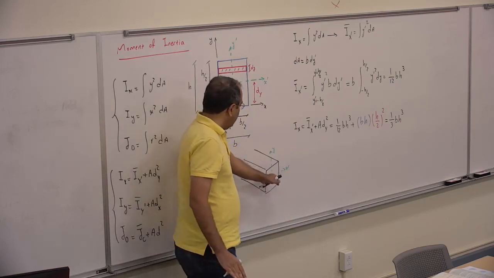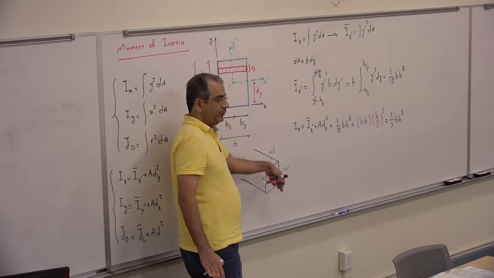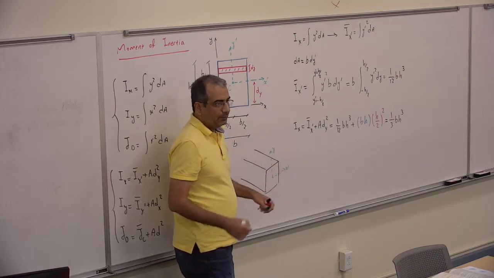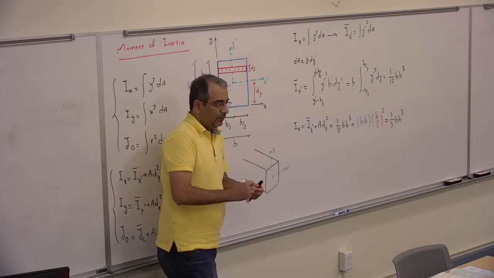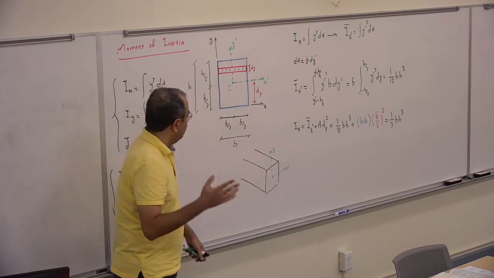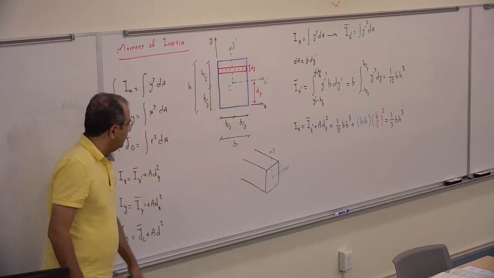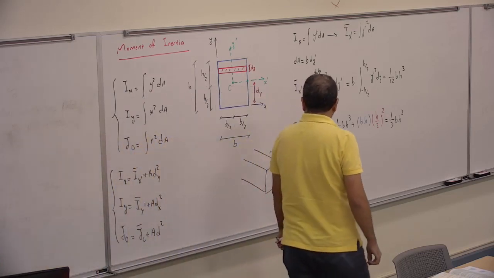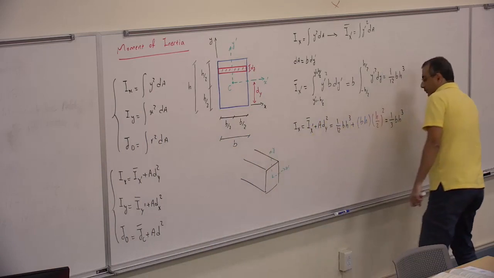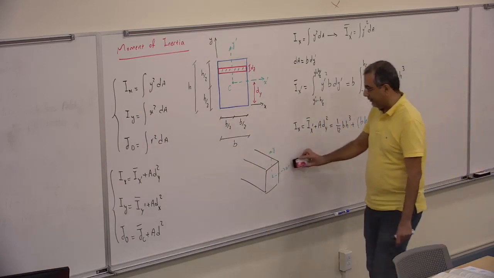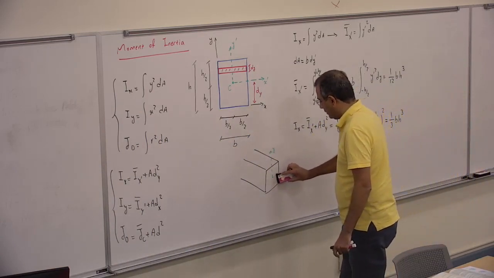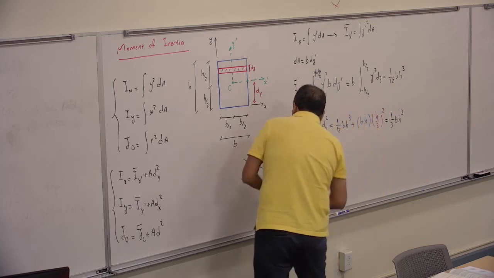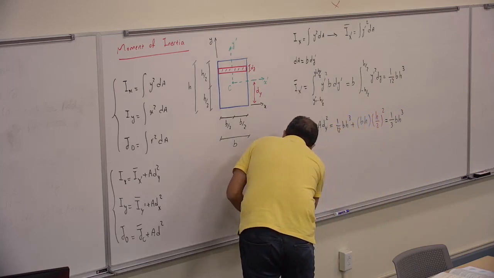I want to know what would happen if it bent about the x or about the y. Anytime we are talking about the moment of inertia, it means we have a beam and we want to find it about the cross section.